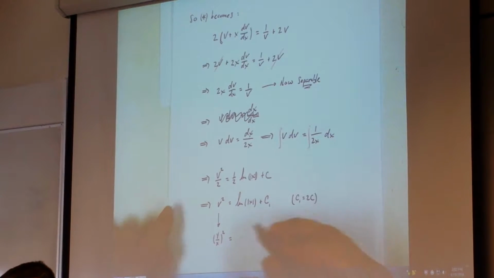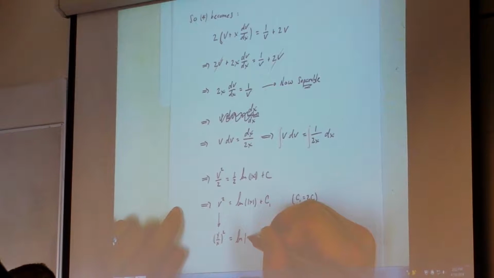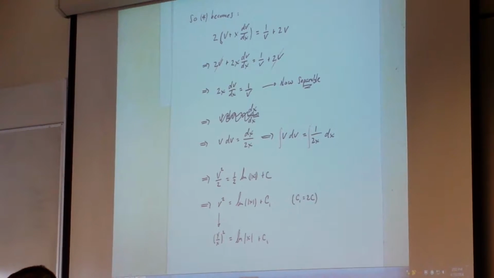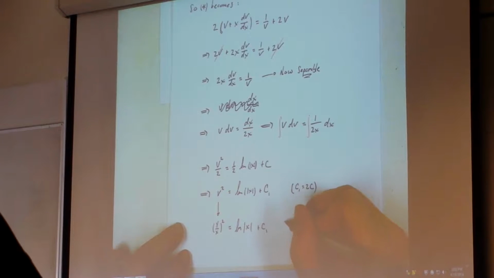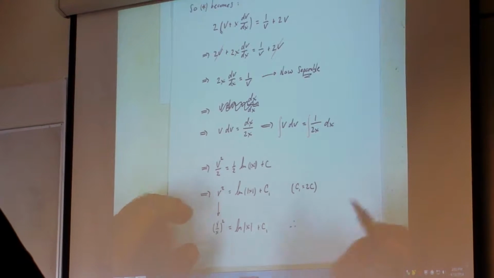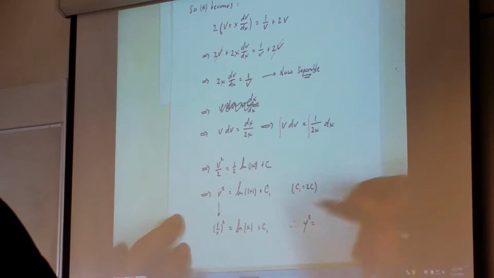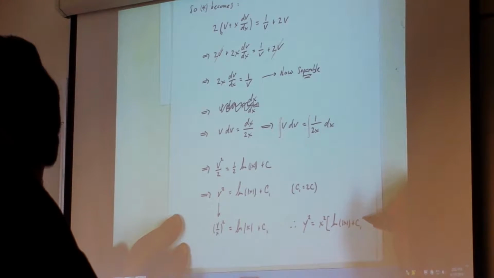Right? And then finally, if I multiply both sides by x squared, we can get y squared equals x squared times natural log x plus c1, whatever you want to call that constant.